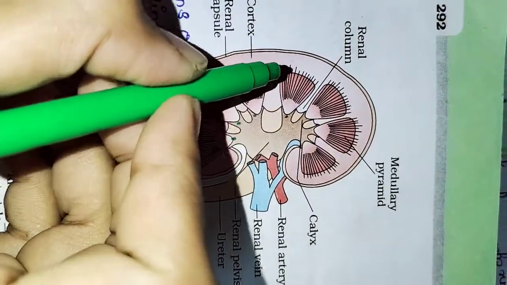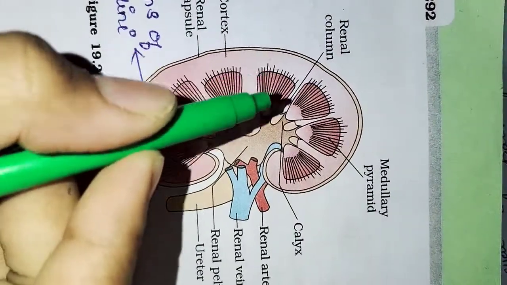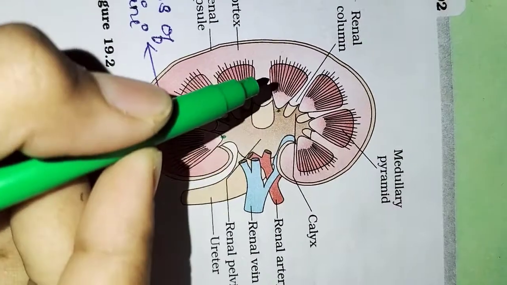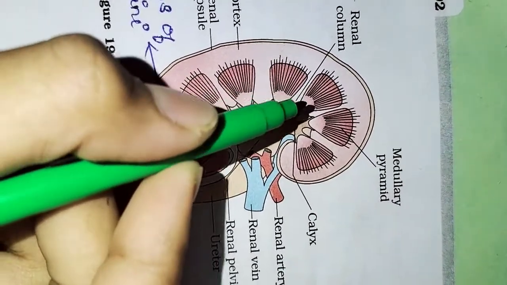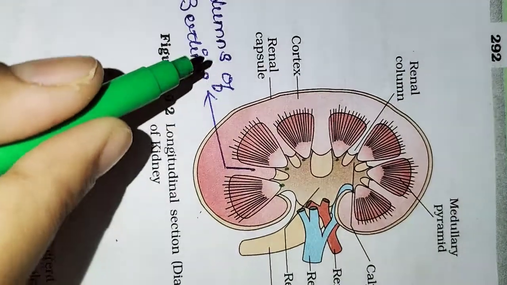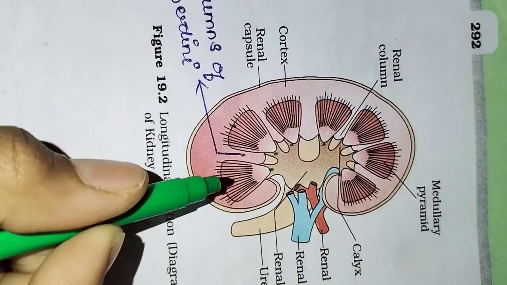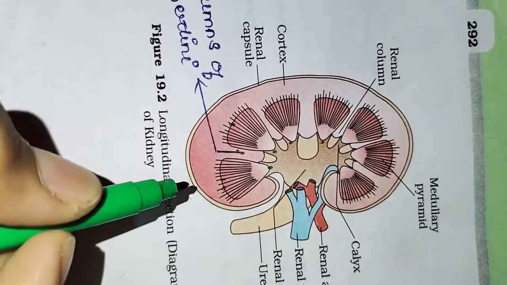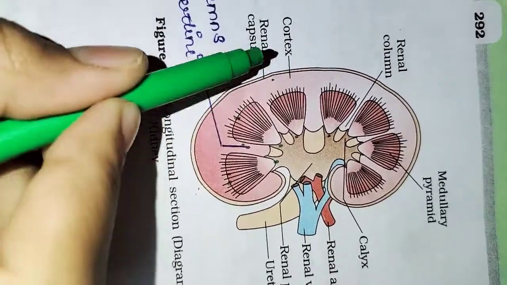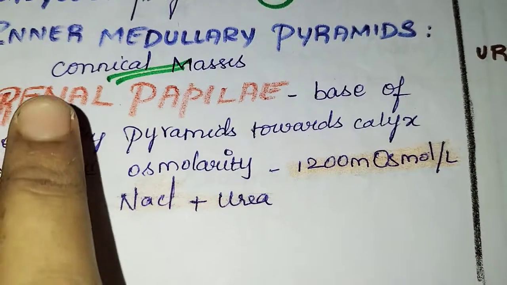Then these conical projections are the medullary pyramids, and the space between them is the columns of Bertini. So the space between two medullary pyramids has the columns of Bertini, and then this is the cortex, I told you, outside of the kidney.